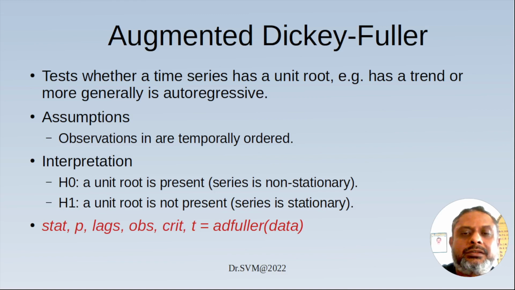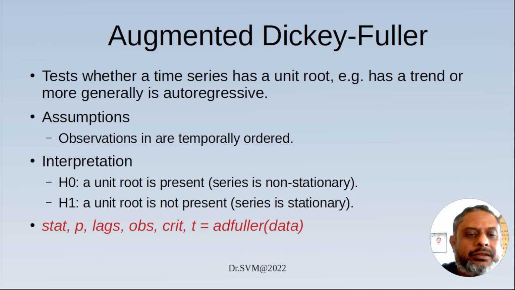So if it has a unit root, then it has a trend, which means the data is not stationary. Observations are temporally ordered, that means they are ordered as per time. They are not just a list of items or any such thing. So they are time-based data.